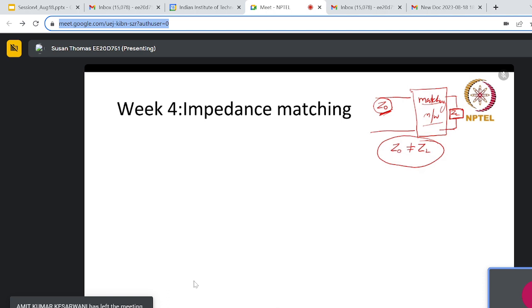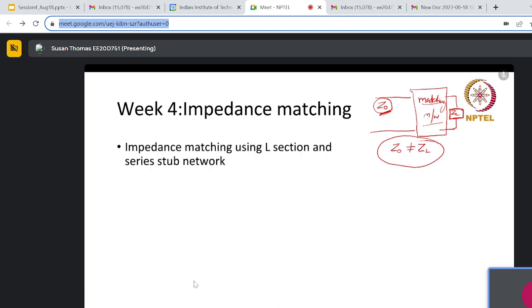Now, coming to what has been discussed week-wise. The first lecture of week 4 had discussions on impedance matching using the L section and series stub network. To brief, what is an L section?